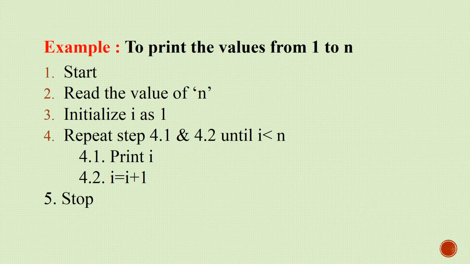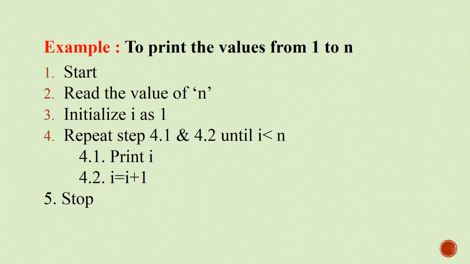So here printing the values one by one is an iteration. You have to do it again and again until the value n is reached. So step number 3, initialize I as 1. Step number 4 is our iteration part or the looping part. Repeat steps 4.1 and 4.2 until I is less than n.